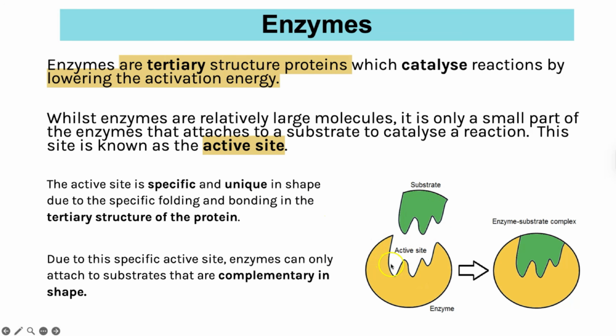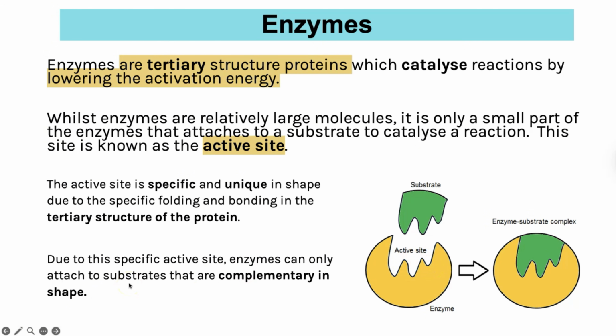So the active site is specific and unique in shape, and that is because of everything we just talked about there in protein structure. That unique sequence of amino acids, determining the exact location of the tertiary structure bonds, like the ionic and disulfide and hydrogen bonds, causes a particular 3D folding in the tertiary structure to create that unique shape active site.